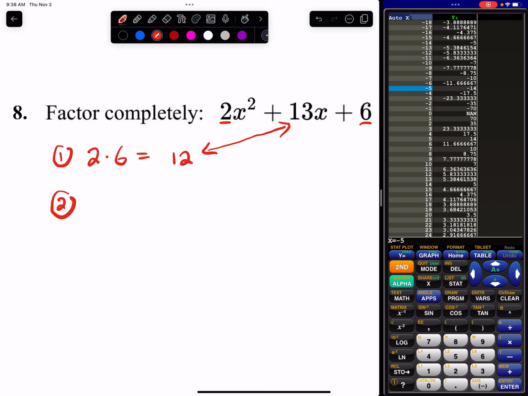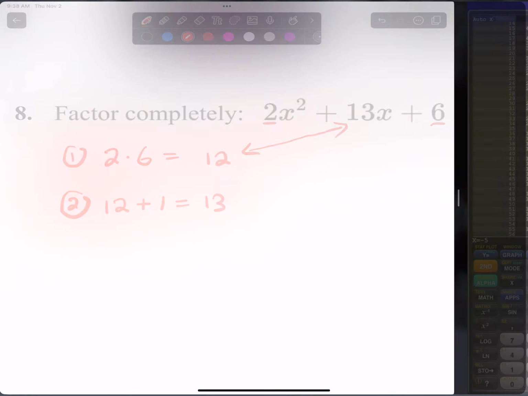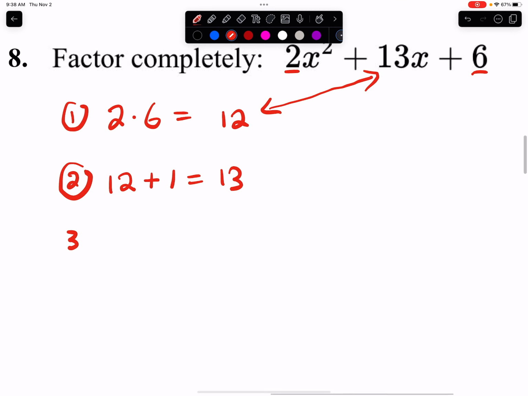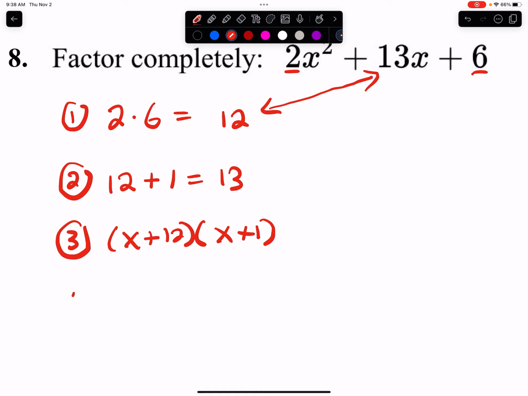And since they're both positive, we've got 12 plus 1 is 13, and we know 12 times 1 is 12. So our last and final step here, write them in the binomials, x plus 12, x plus 1.